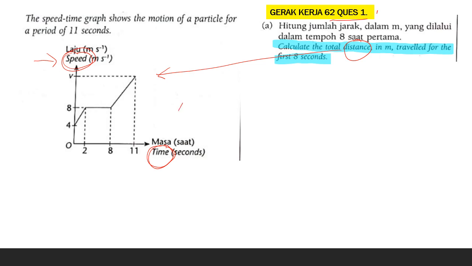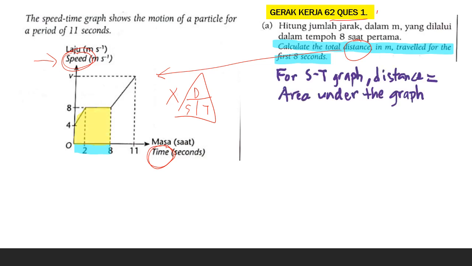You cannot use this one, DST, no. There is another formula. Okay, for speed time graph, the distance is area under the graph. You just find the area under the graph.